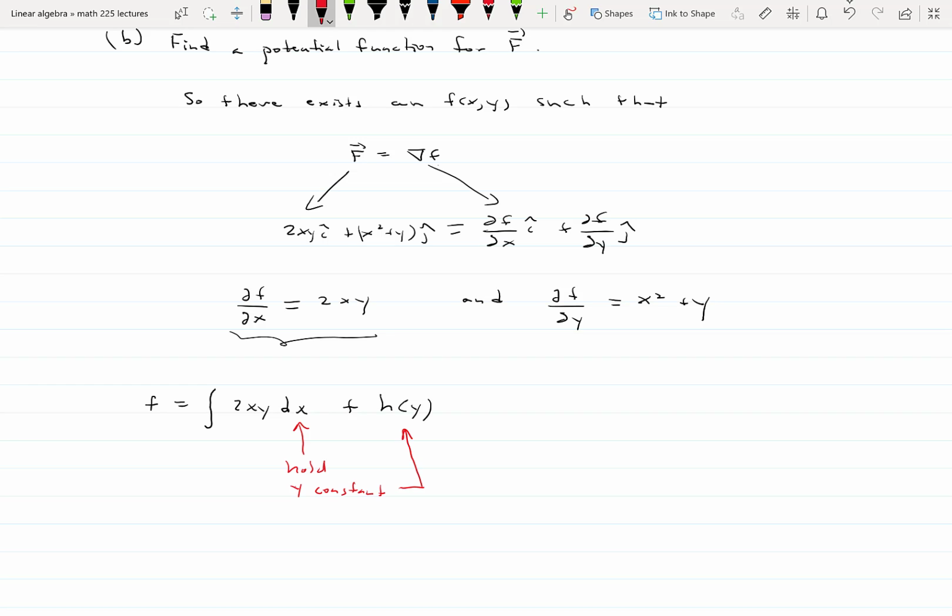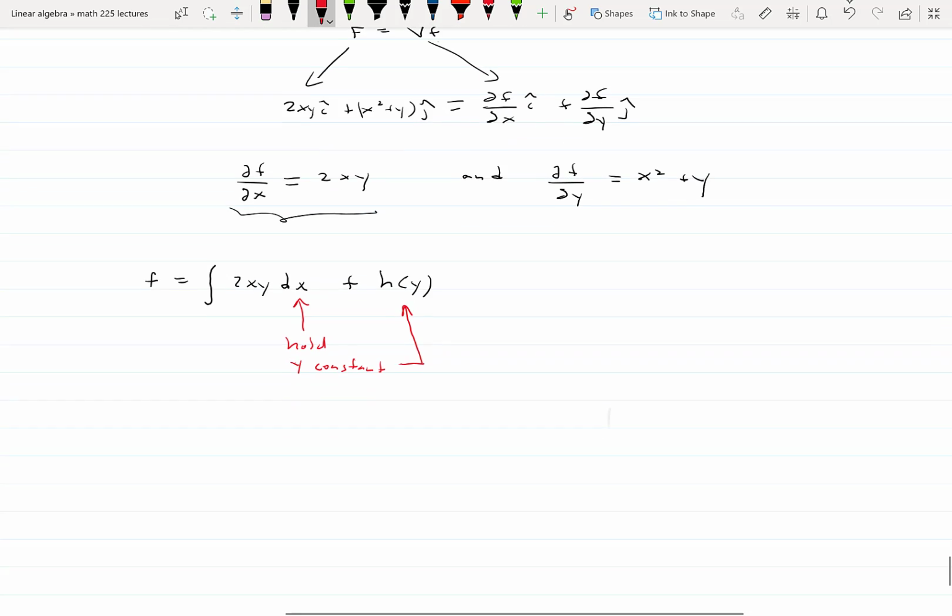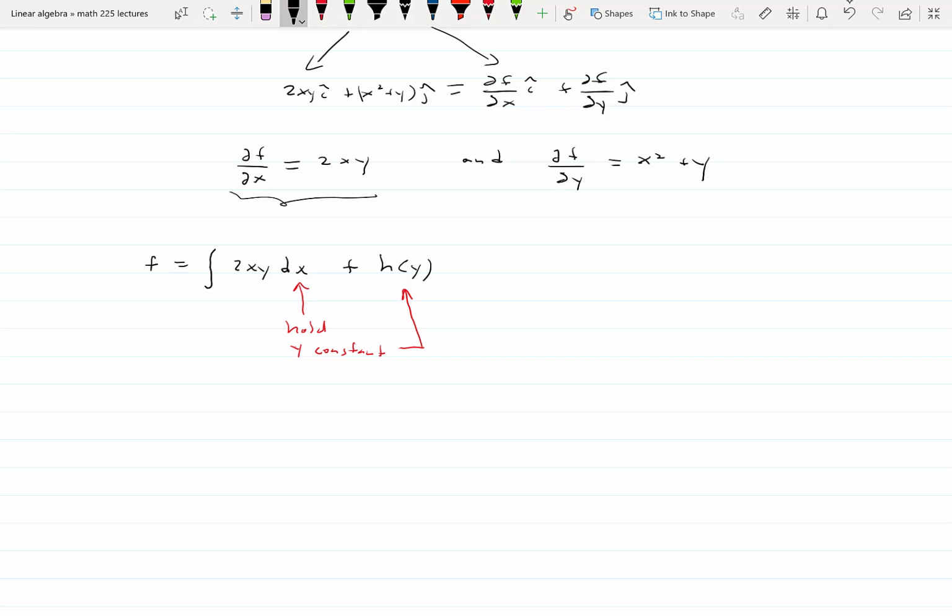If you're not sure, take this function that I've reconstructed and take the derivative back again with respect to x. Let's proceed. If I integrate 2xy with respect to x, I'm going to get x squared y. The integral of 2x is x squared, but y is held constant, plus that mysterious h of y.